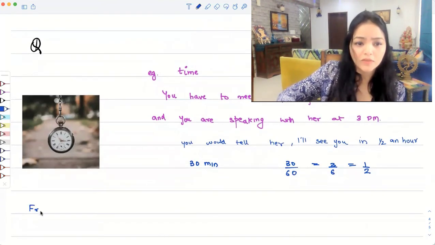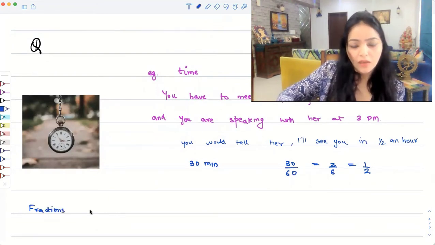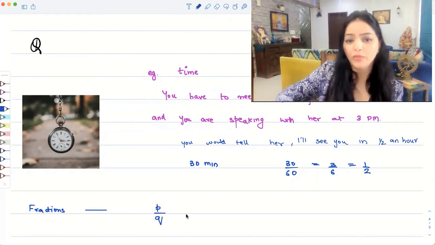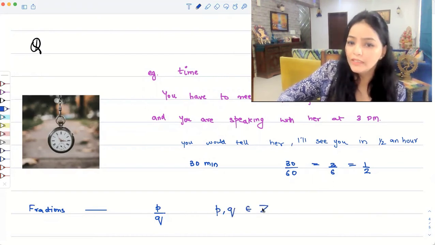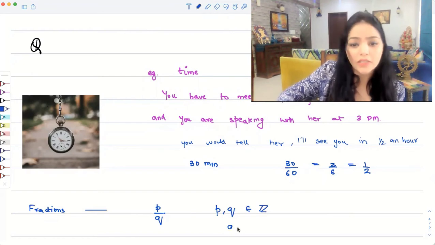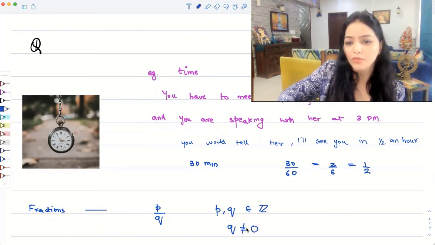So fractions, my friends, are the numbers which could be displayed as P upon Q, where P and Q both are integers, and Q should not be equal to 0.